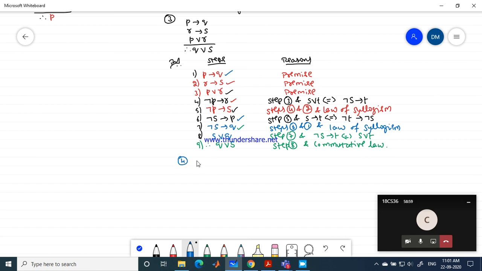It is given by P implies Q, R implies S, negation Q disjunction negation S, therefore negation P disjunction negation R. You can note that I just interchanged the position of these two expressions with negating these primitive statements. It works along the same line, same number of steps, same laws you are going to use. Nothing more than these things.